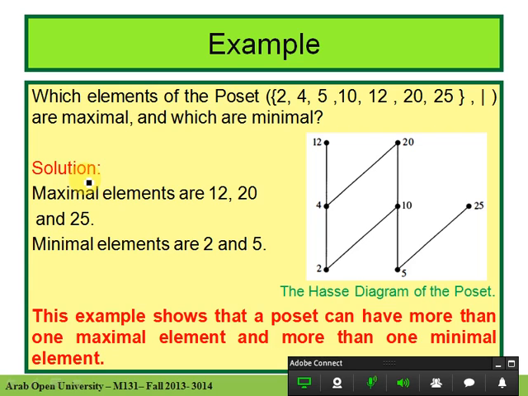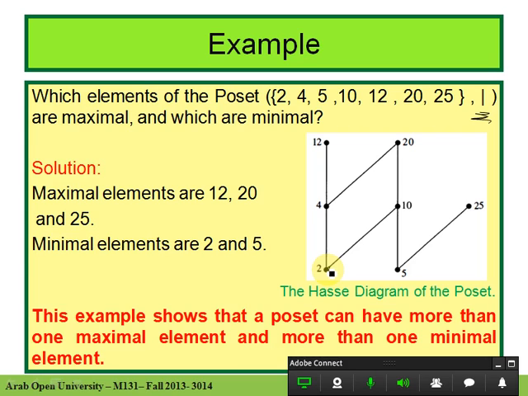Here, from the given set 2, 4, 5, 10, 12, 20, 25 with the relation divides, which are the maximal and which are the minimal elements? Now maximal elements, how do you draw this one? Based on the division. So you start with 2. 2 has a relation with 4, 12, 10 and 20.